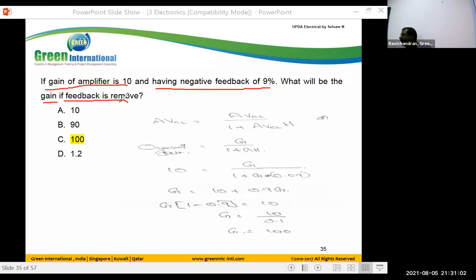Which gain do we need to find? We need to find the open loop gain, because the question asks what the gain will be if the feedback is removed. So our objective is A OL.